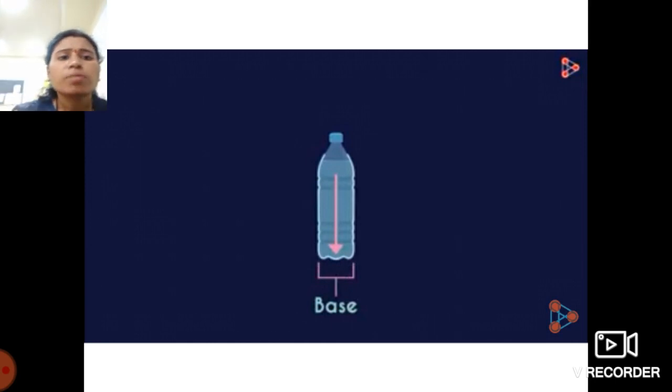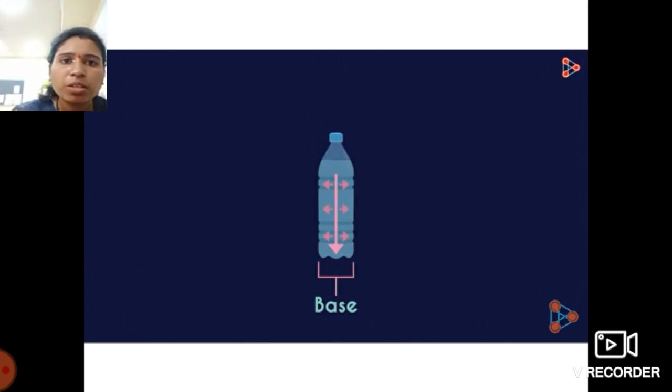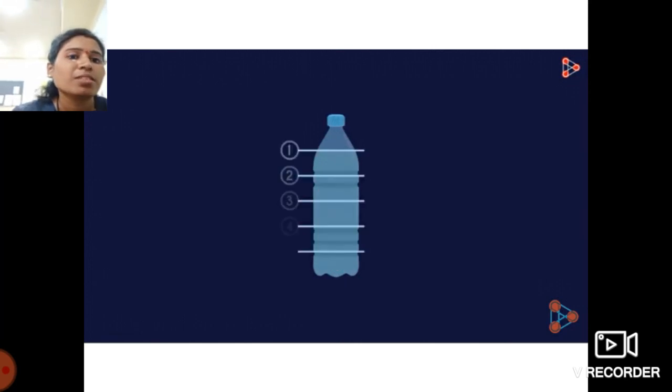The pressure on the base would be downward, and on the wall the pressure will be sideward. We can also derive something interesting if we look at the fluid in terms of layers.